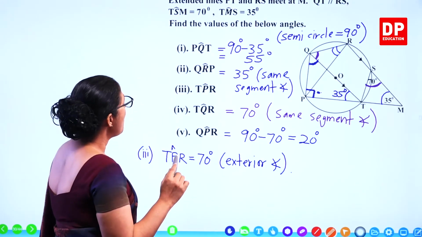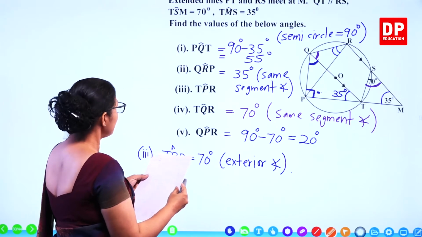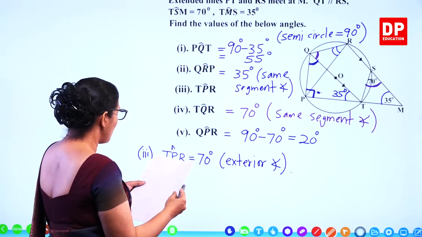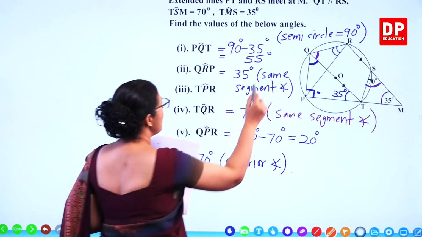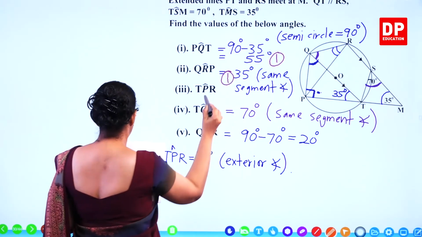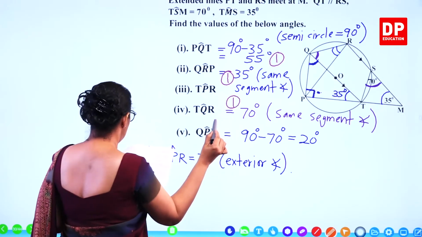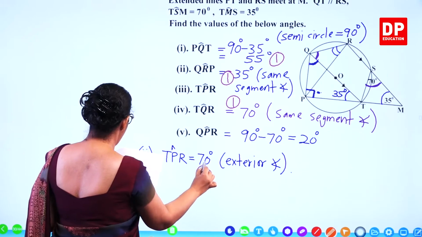So we'll see how many marks altogether. So you get 5 parts there. We gave 2 marks before. So 55, 1 mark. 35, 1 mark. And 70 degrees, 1 mark. 70 here, 1 mark.